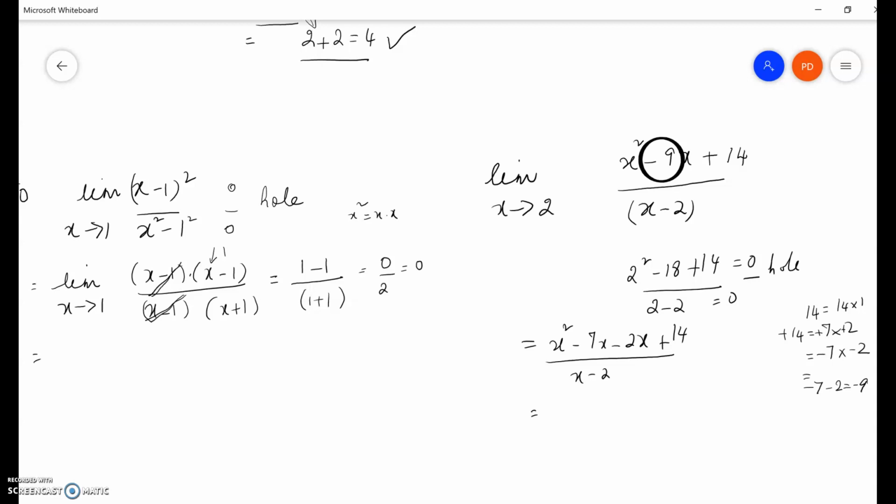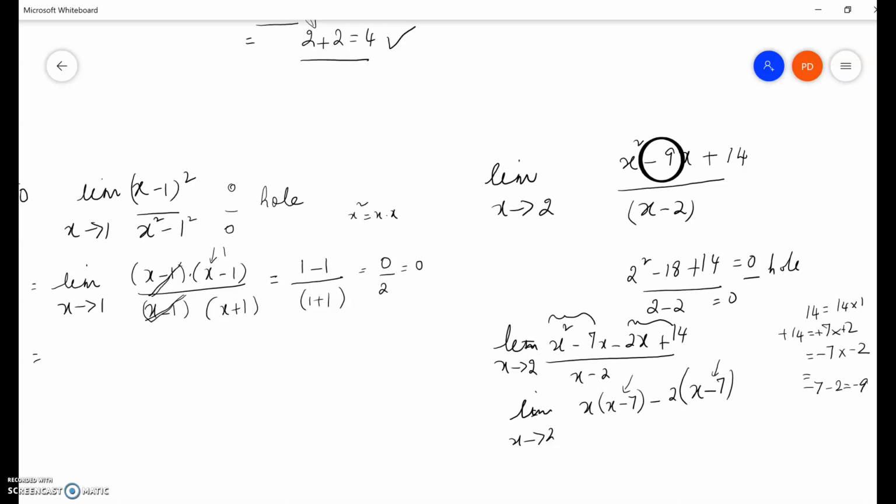Factor the expression in the numerator and of course keep writing limit as x approaches 2. The common factor between these two is x, so that's x minus 7. The common factor between these two can be taken as negative 2. That would give us x minus 7.